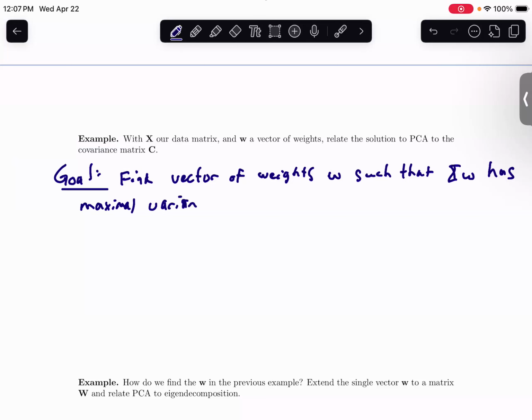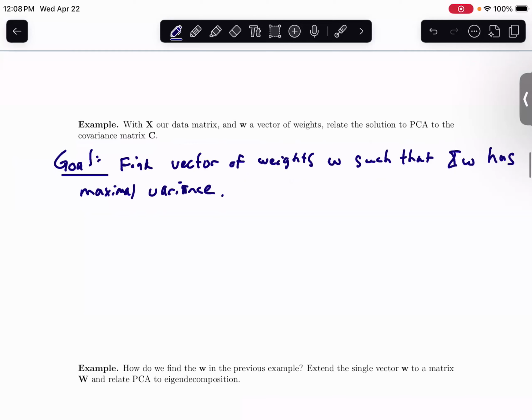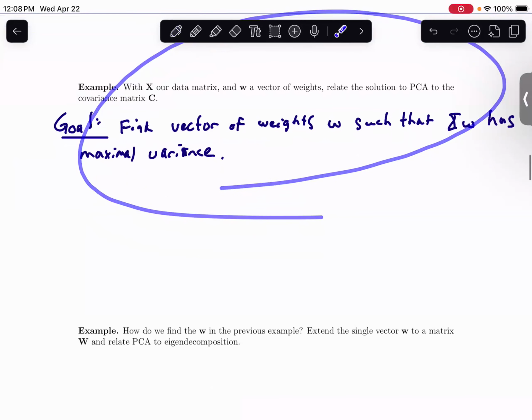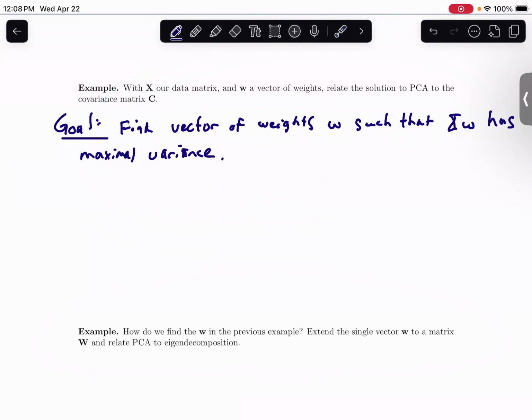That's the goal here. And maybe it sounds a little bit confusing at the moment, but the proof of this isn't going to be so bad. It's really like a 2-parter. This is really just setting up what we're going to be doing in the next part of the example.